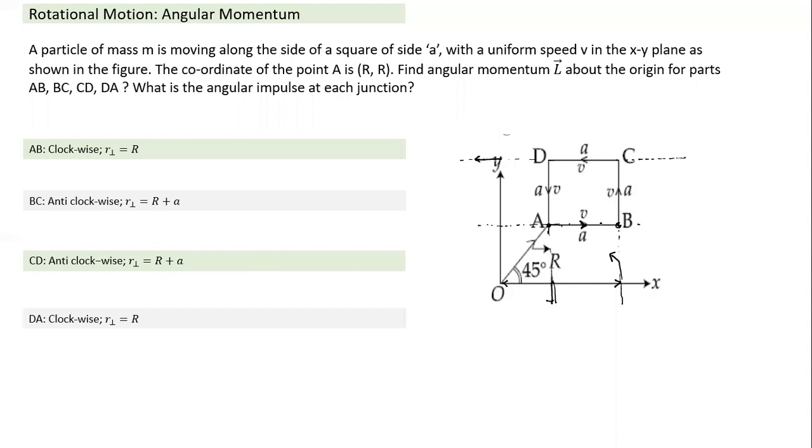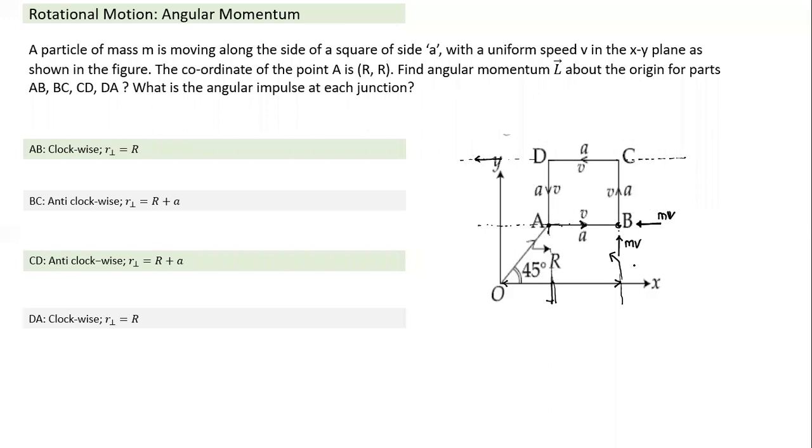The velocity it was having, it had momentum in the x direction which has become zero. Why has it become zero? Because of the impulse which has acted in this direction. And it has acquired momentum in this direction. This is the type of impulse which has acted at point B. So the angular impulse is equal to impulse multiplied by perpendicular distance. So I can calculate angular impulse also.